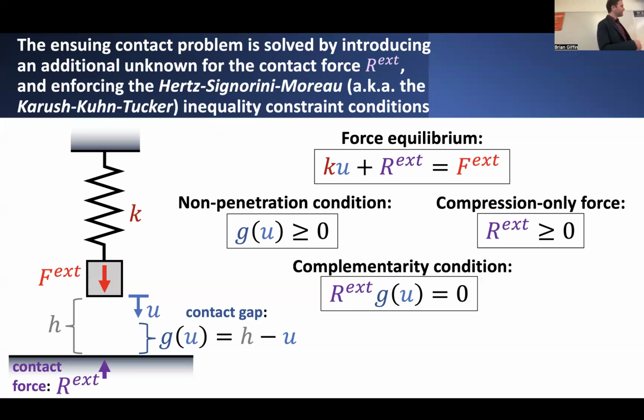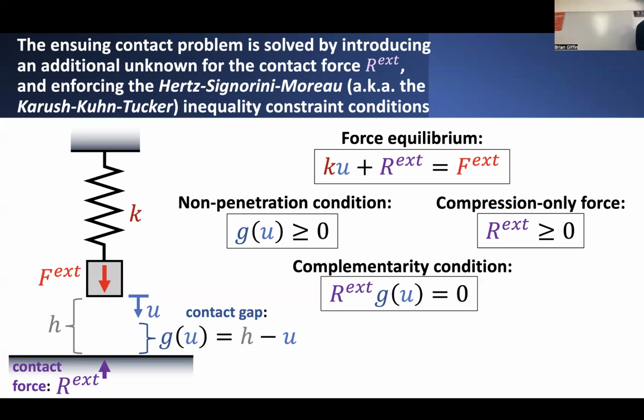And similarly, for this contact force, this kind of reaction force that arises once the block comes into contact with this surface, we also have to subject it to a few additional constraints on what its value is. If the gap is open, we want this reaction force to be equal to 0.